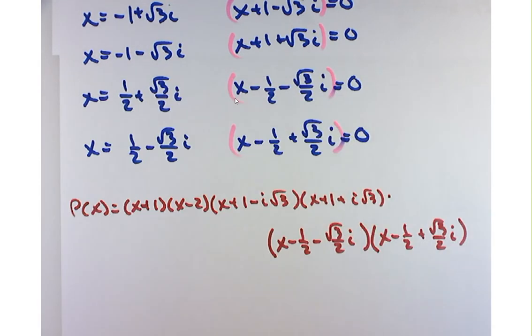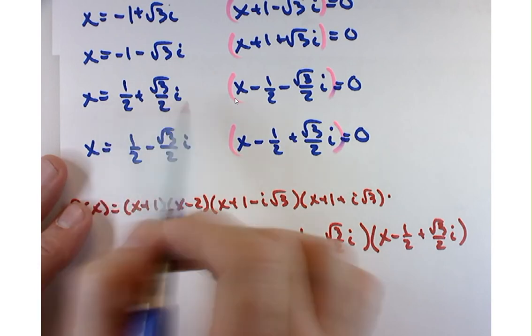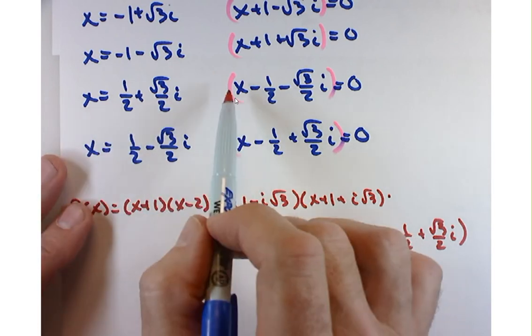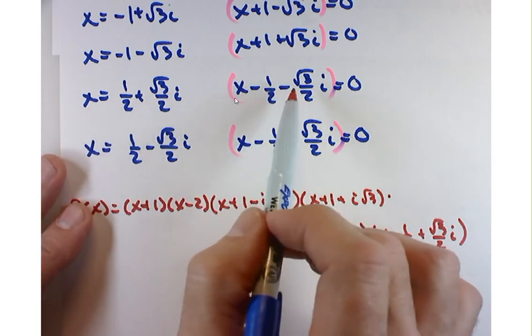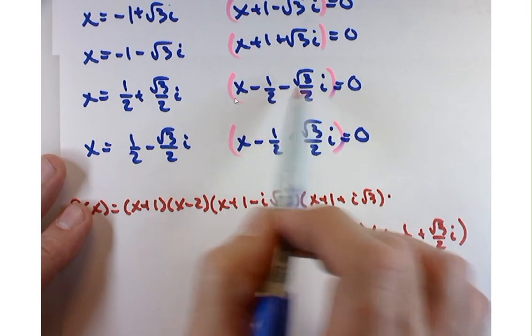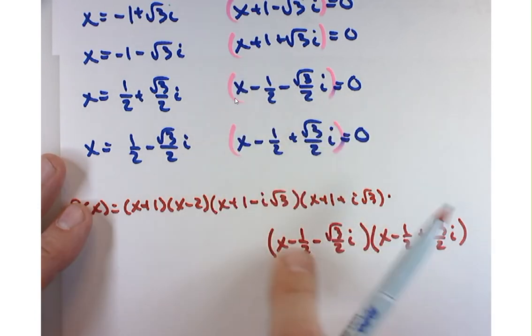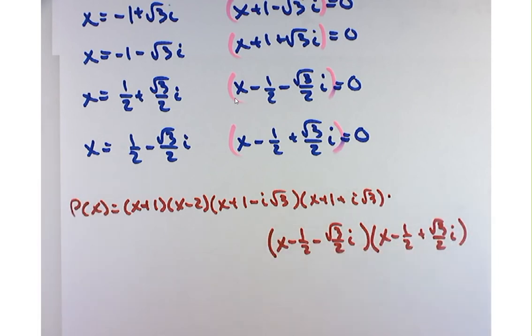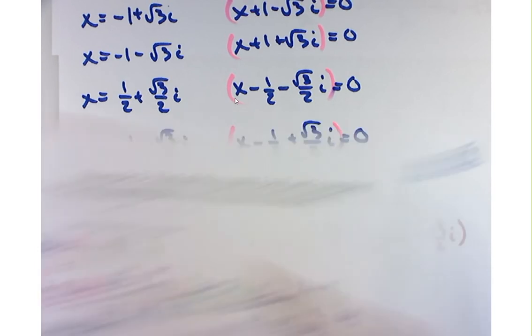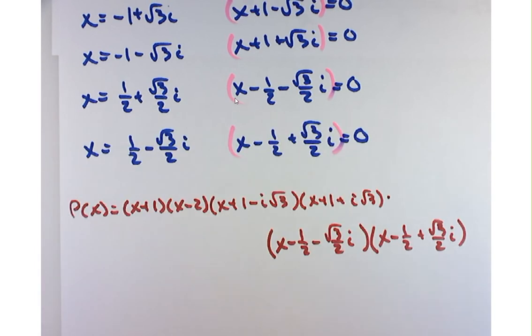Now, temptation of mine is to clear out the fractions and multiply it by 2. That would give me a 2x minus 1 minus the square root of 3 over square root of 3i. But unfortunately, that would put a factor of 2 here and here, and then the 2x times the 2x would be a 4x. It wouldn't match this anymore. So that temptation, got to fight it in this case.